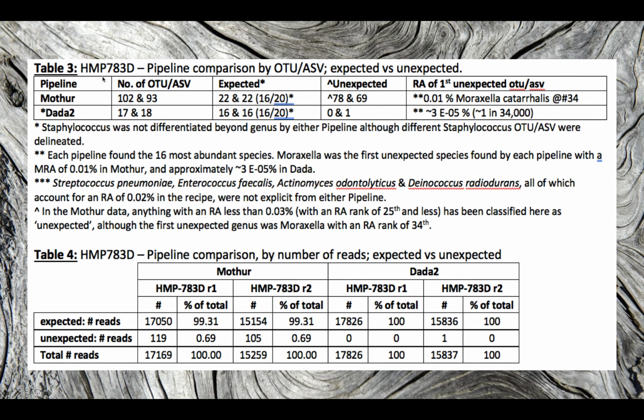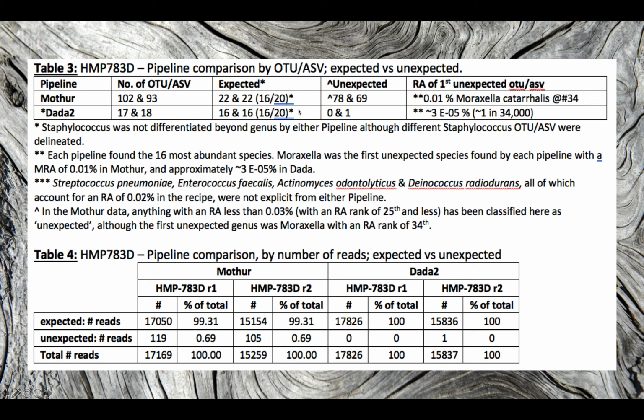The second of the 3 samples that we're comparing here is 783. This varied in relative abundance. It had 20 species, but they started at around 22% relative abundance and went down to 0.02% relative abundance. Each of the programs found 16 out of the 20.